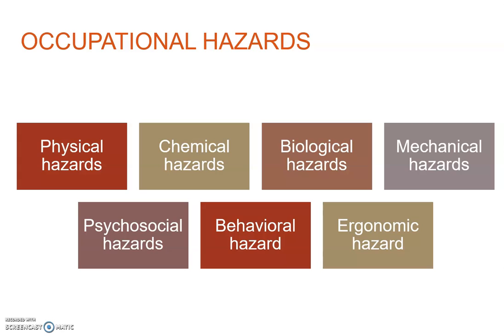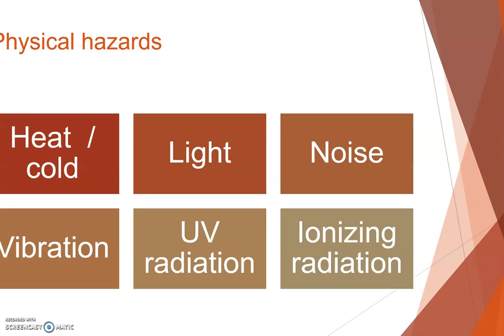So first of all, we will discuss physical hazards. What are the physical hazards a man may be exposed to in his environment? They can be due to heat or cold, light and noise.